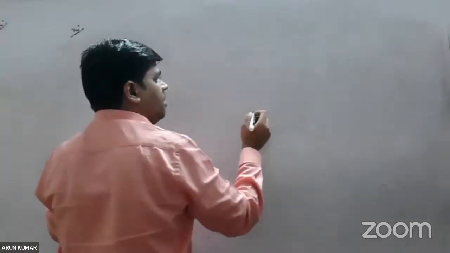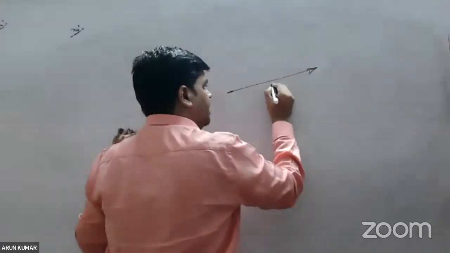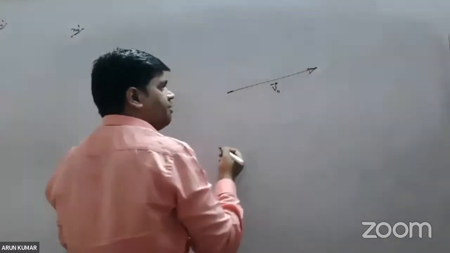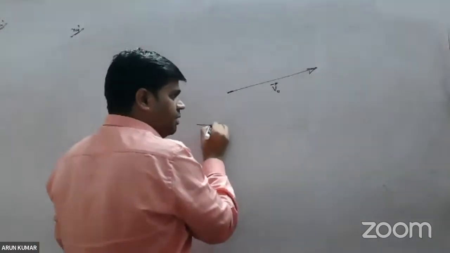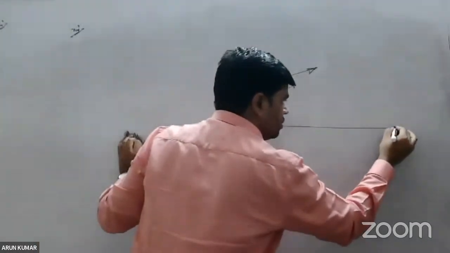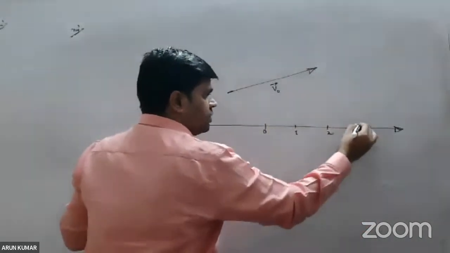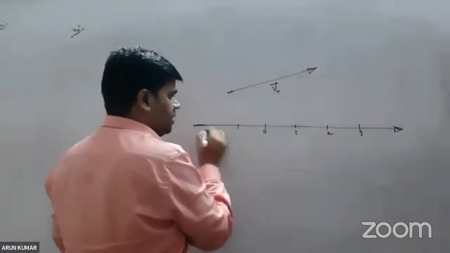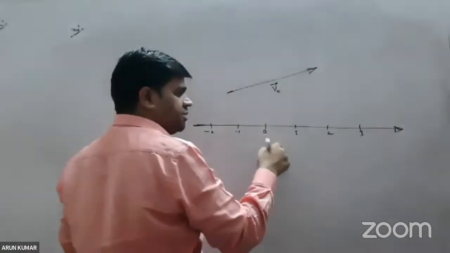Okay. Now, I've got a vector V naught of length V naught. Now, if I've got a number line, or some axis, if this is origin, this is 1, this is 2, this is 3, so on, -1, -2, so on. Let's say this is showing displacement.